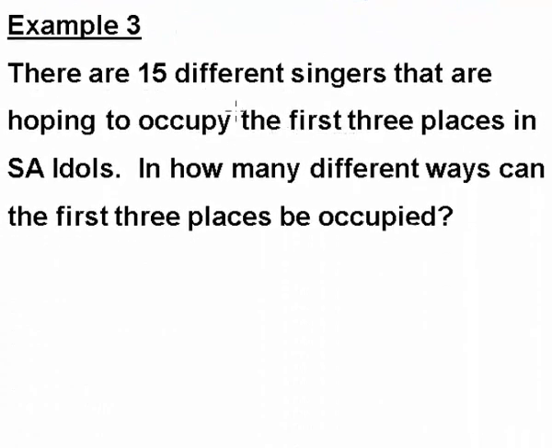Let me show you, for example, if there are 15 different singers that are hoping to occupy the first 3 places in South African Idols, in how many different ways can the first 3 places be occupied? Well, if you think about it, in the first place there are 15 possible winners of those singers.